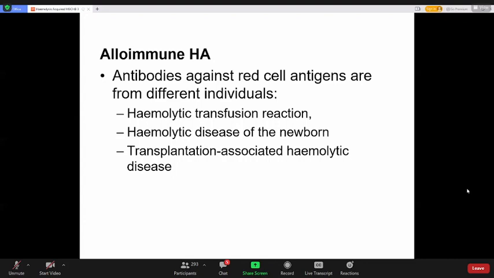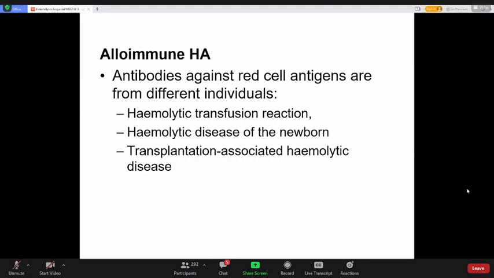Then we have hemolytic disease of the newborn, and this is usually ABO or rhesus incompatibility between mother and fetus. Again, another lecture that you're going to have on hemolytic disease of the newborn will be handled in third year.